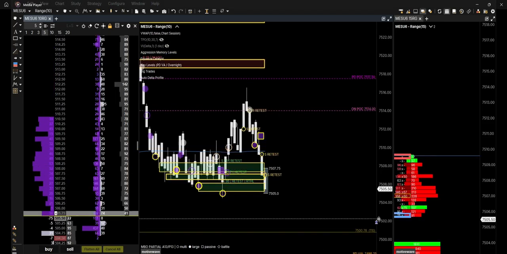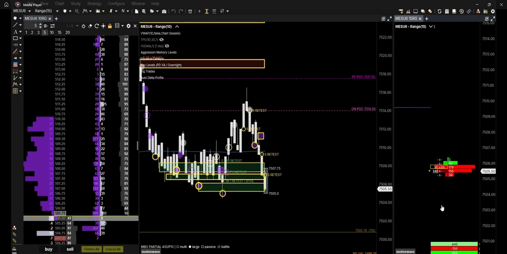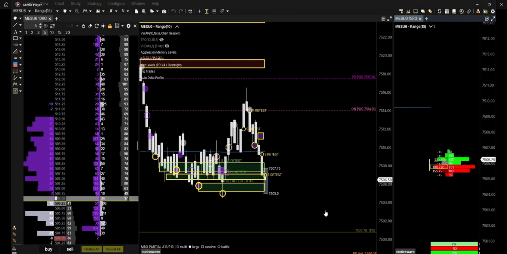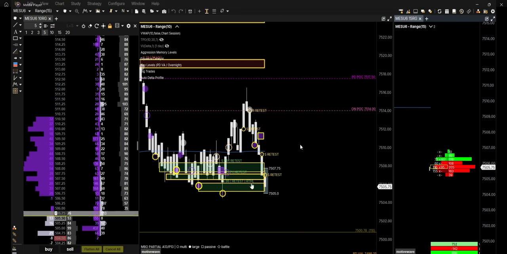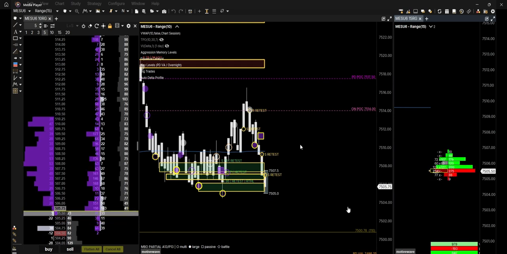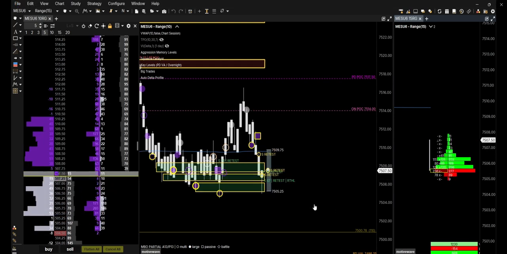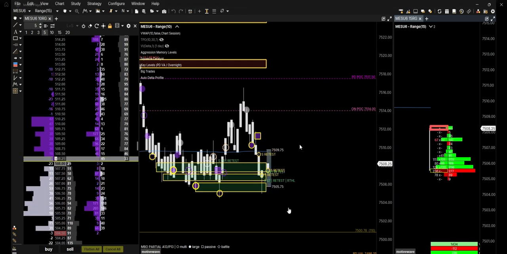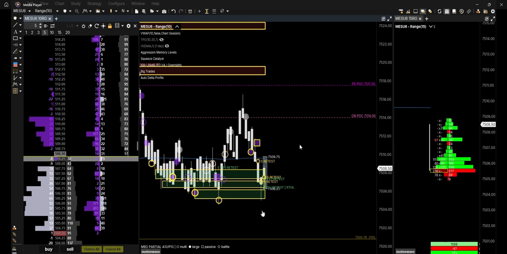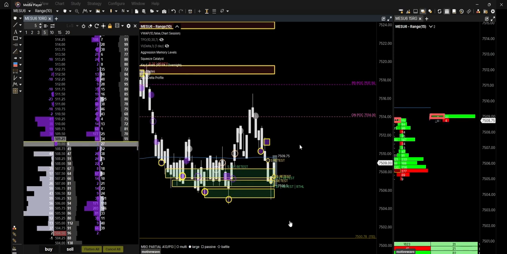And then we get another retest, and as soon as I see that this retest holds again, it prints another good delta footprint divergence candle, and we held through this area 4 times.